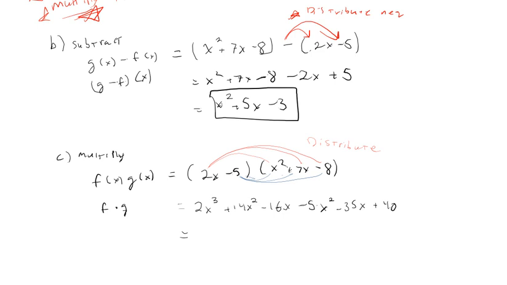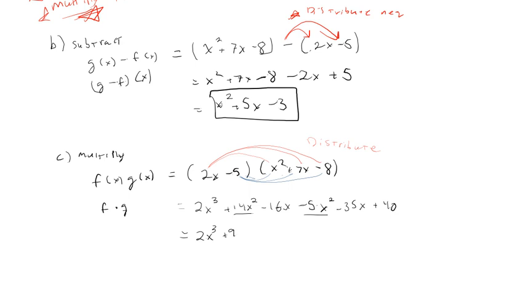Then we go through and combine the like terms. So we got 2x cubed, there's only one of those. And then there's an x squared and an x squared. So 14 minus 5, that's going to be plus 9x squared.